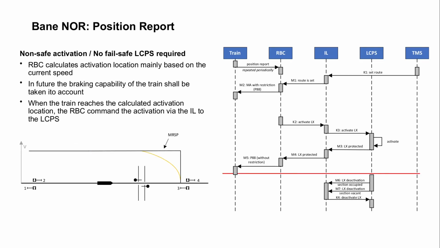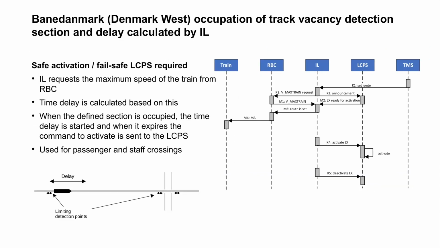The train can now move over the level crossing unhindered. For deactivation, the LCPS has an exit counting section. The state of this section is reported to the interlocking. When the interlocking detects, based on the reported state, that the train has passed the level crossing, it commands the LCPS to deactivate.